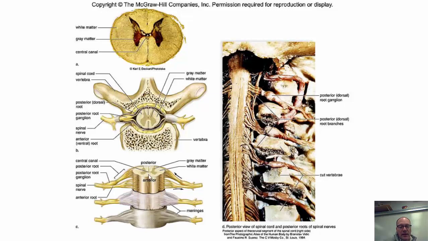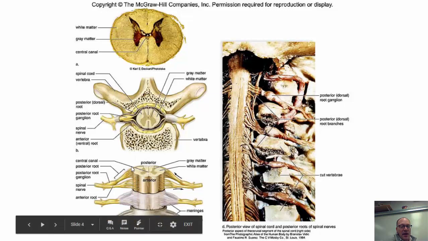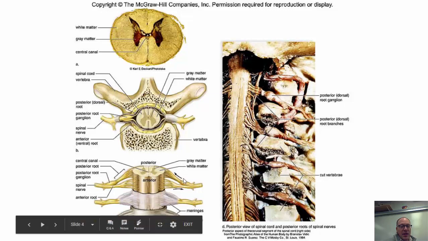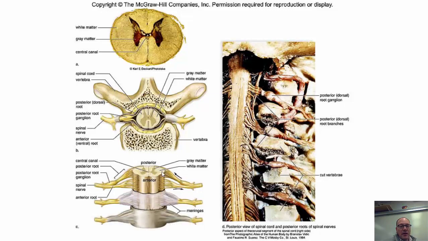When you look at a spinal cord like this, it isn't really a superior view or a posterior or anterior view. It's sort of superior and anterior. You can see that the spinal cord has these nerve roots that are attached to it laterally. And I want you to pay attention to these arrows here. This arrow, see how it's pointing in to the spinal cord?